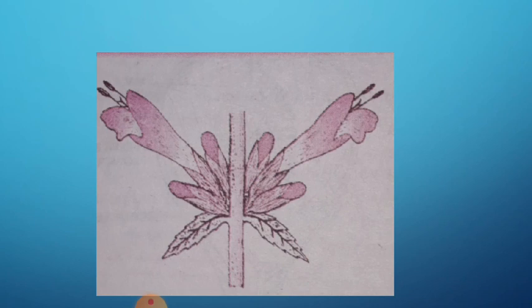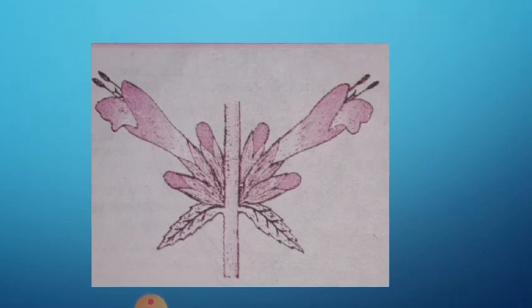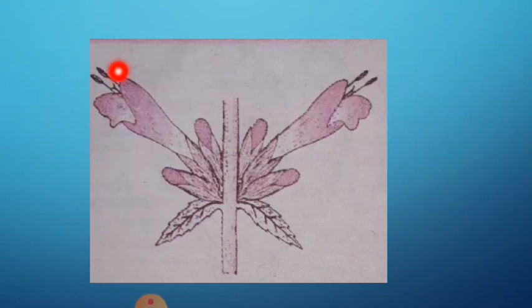Each cluster consists of a dichasial cyme with monochasial branches. So in the axil of the opposite leaves there are 3 to 9 flowers, and there is a dichasial cyme with monochasial branches.